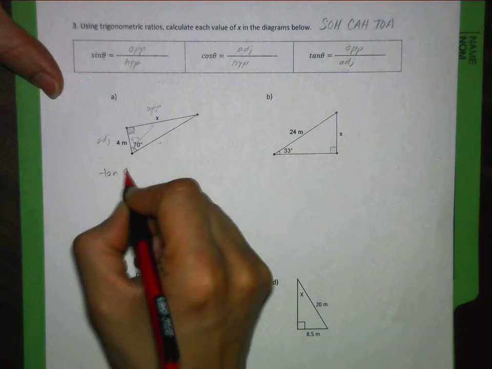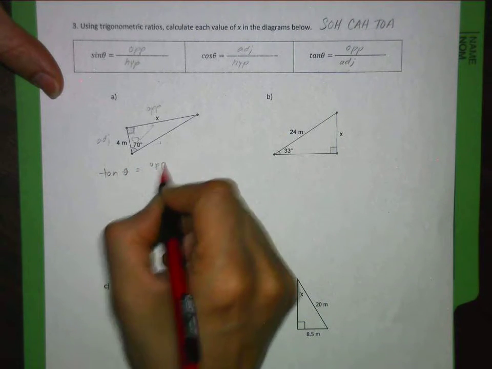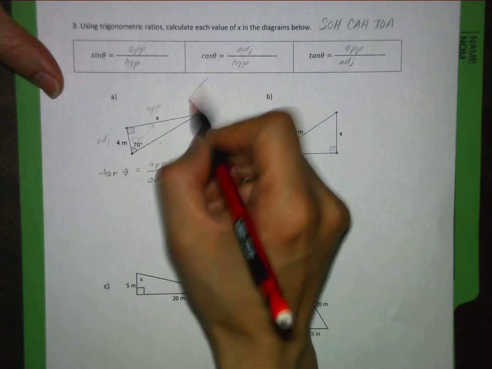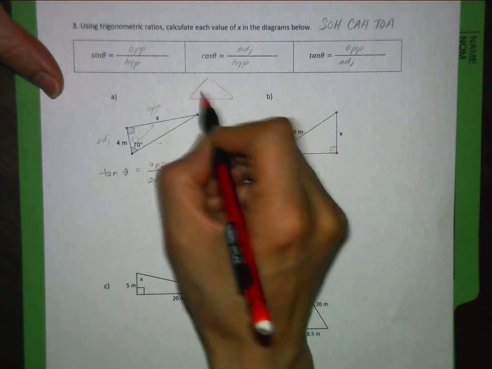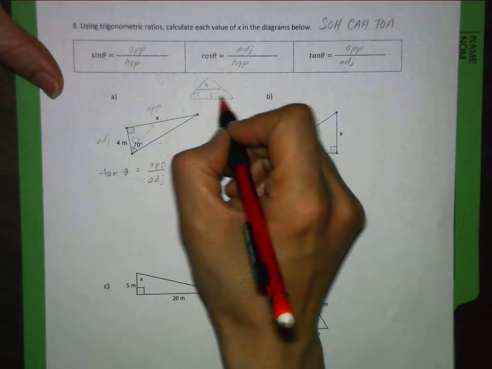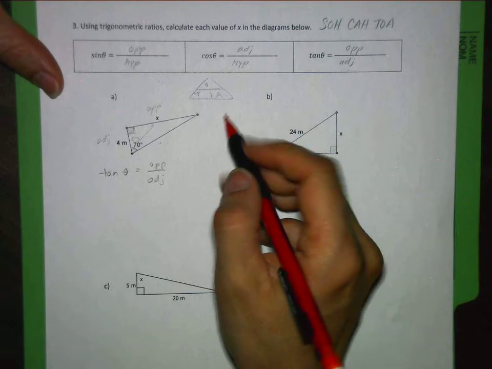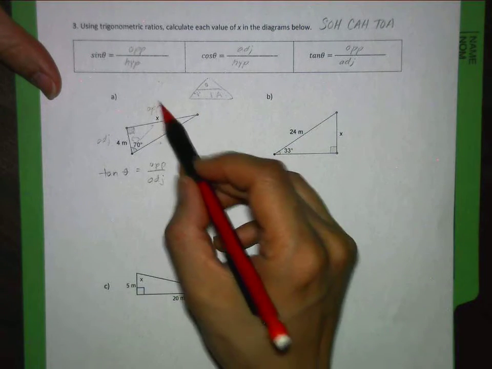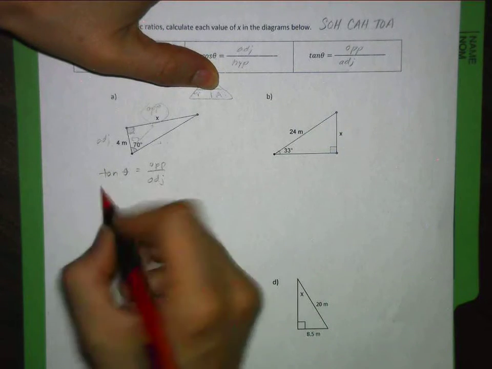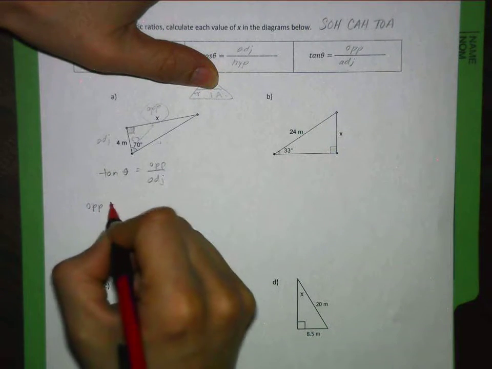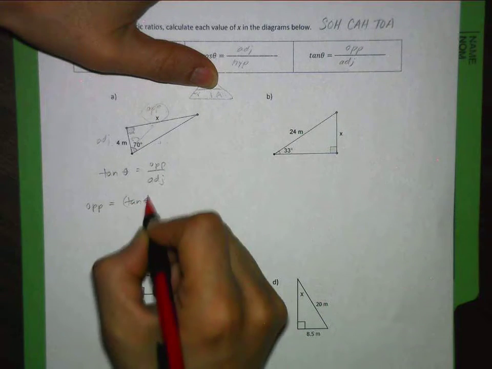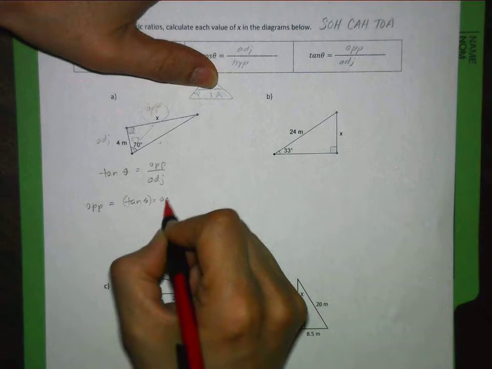So tan of theta equals opposite over adjacent. Now on our reference sheet, I gave you guys some triangles. I'll just write T. Tan equals opposite over adjacent. So if I know I'm solving for the opposite, I cover up the opposite, and I know the opposite is equal to the tan of theta times adjacent.